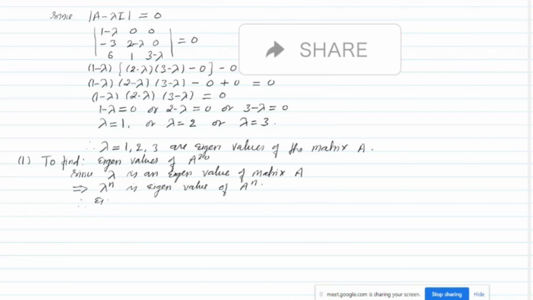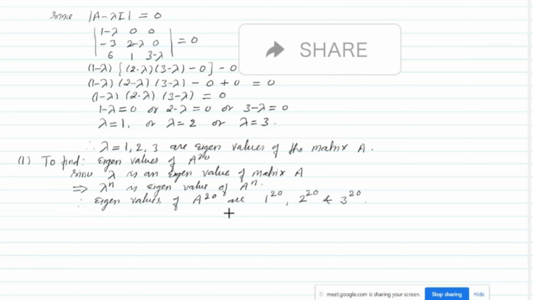Therefore the eigenvalues of A raised to 20 are, first one is 1 raised to 20, comma 2 raised to 20, and 3 raised to 20.